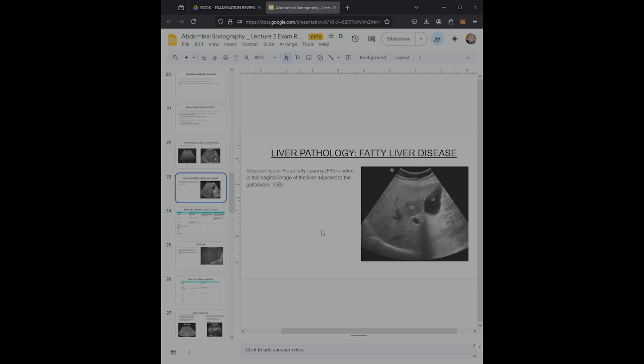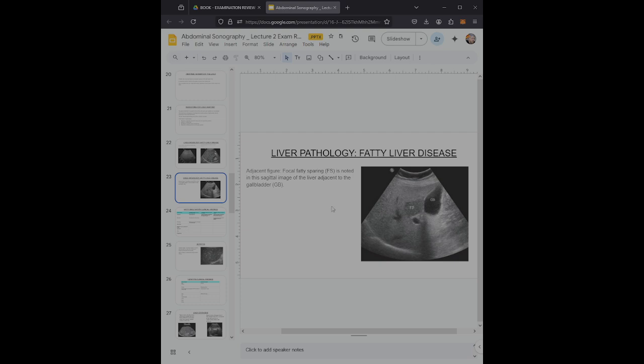Alternatively, focal fatty sparing of the liver can occur with diffuse infiltration, and both focal fatty infiltration and focal fatty sparing can occur in the same places, and it's much more likely that the signs of sparing and infiltration are seen adjacent to the gallbladder near the porta hepatis.